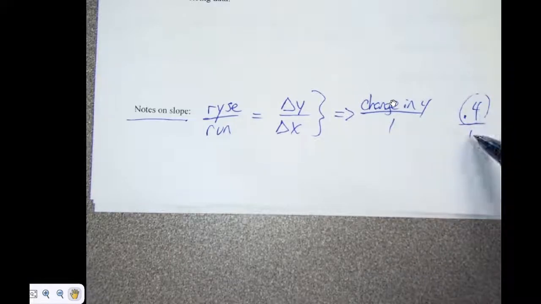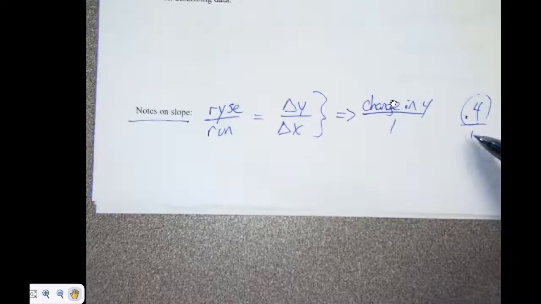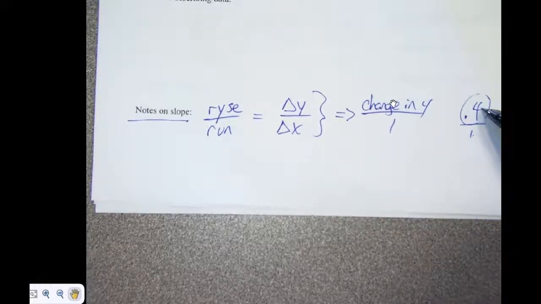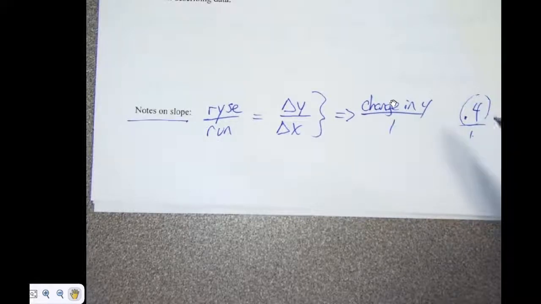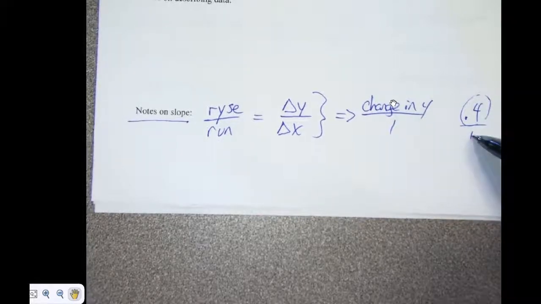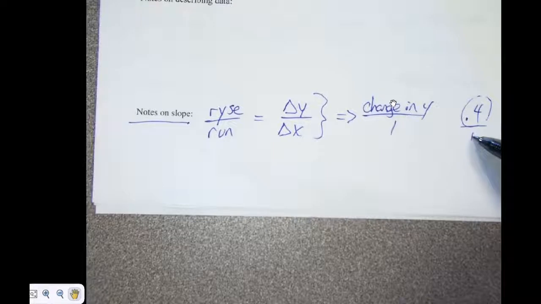For every additional inch that a person's shoe size increases by 0.4. The idea is right, but there's one weird thing there. For every additional inch that a person is tall, that's awkward, but whatever, their shoe size gets bigger by 0.4.